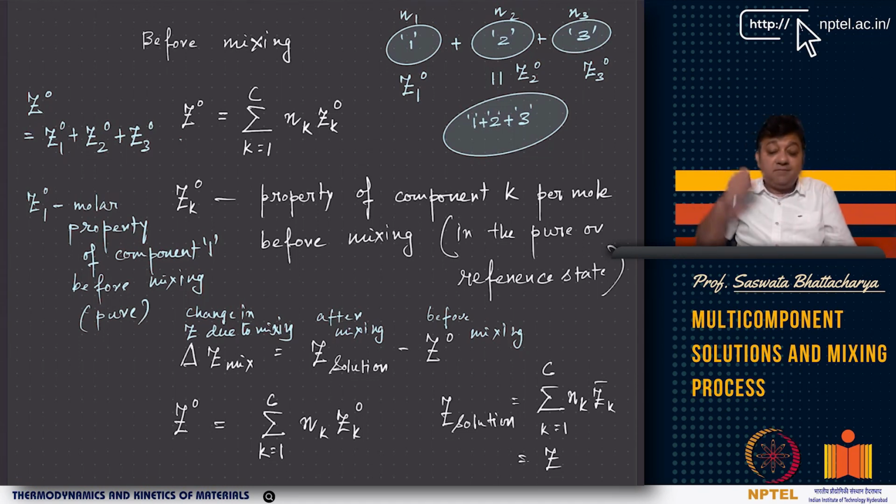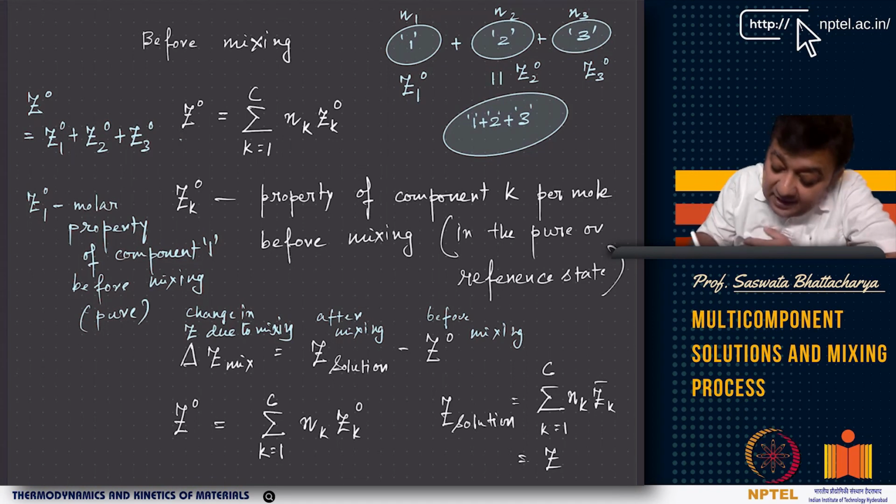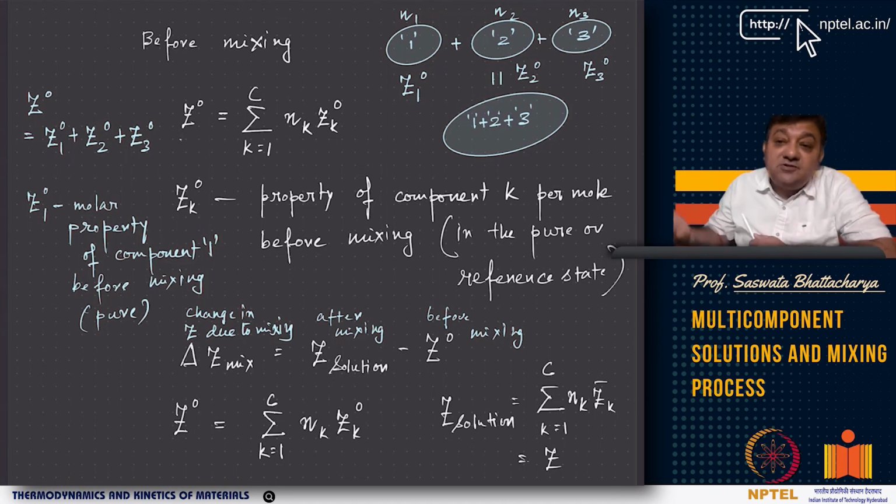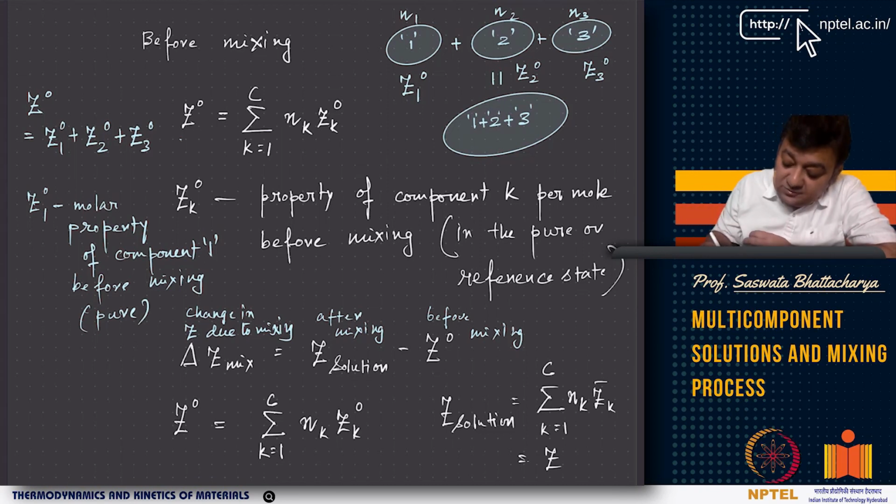They give us 1, 2 and 3. However, the atoms or molecules of 1, 2 and 3 will mix to form a mixture, and that homogeneous mixture is nothing but the solution. Now this solution will have some property, which is Z solution, and this is before mixing.